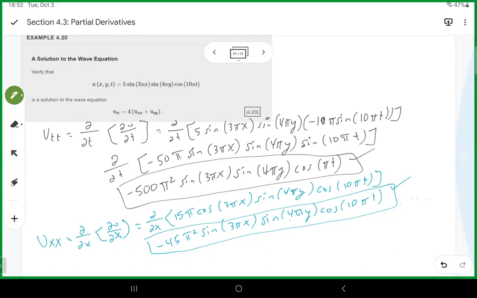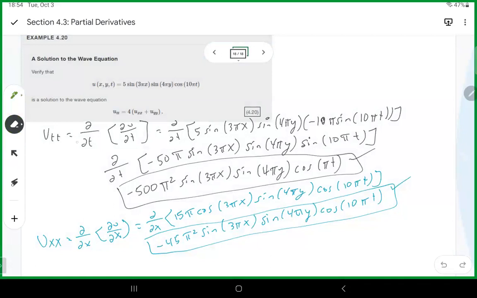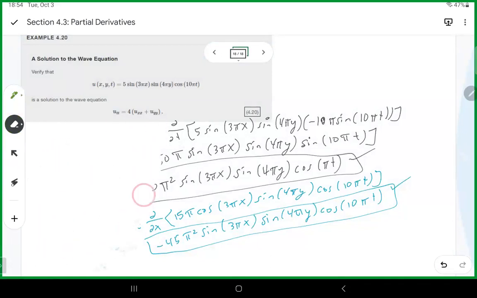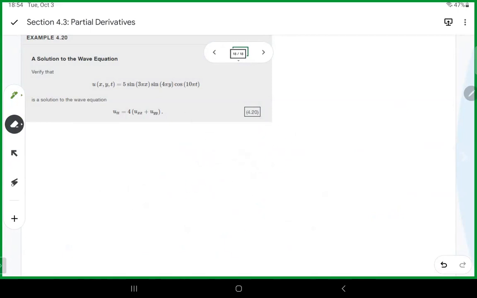If anybody wants to try, you can try to find the U double Y. I guess we'll call it U sub double Y. And you can update. Okay.